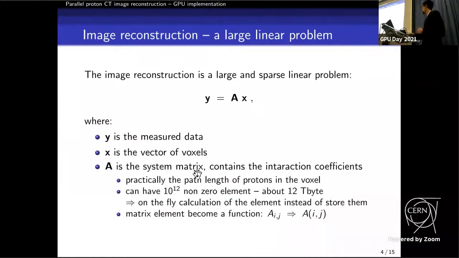So we handle it as a function. We calculate every coefficient when we have to use it, and recalculate it if we would like to use it again, which is a bit time consuming, but way faster than reading terabytes of data in every iteration.